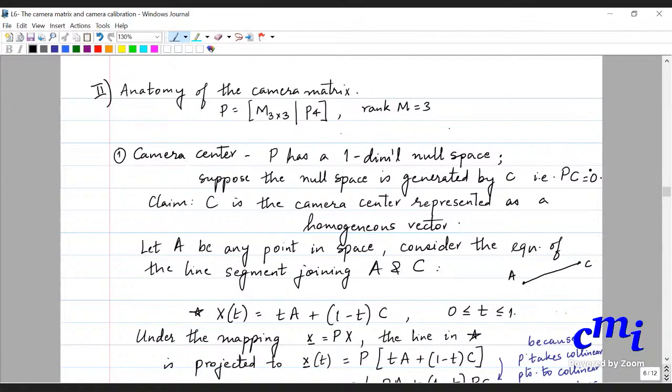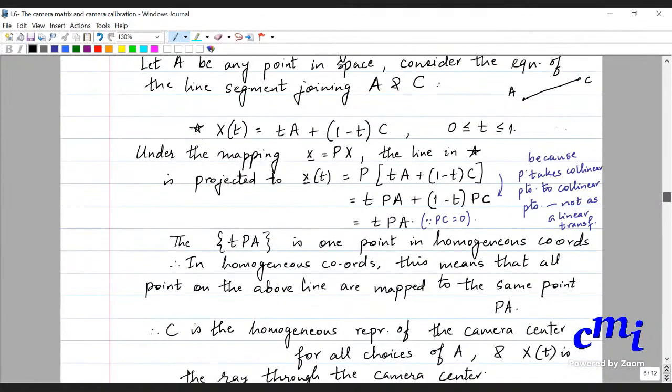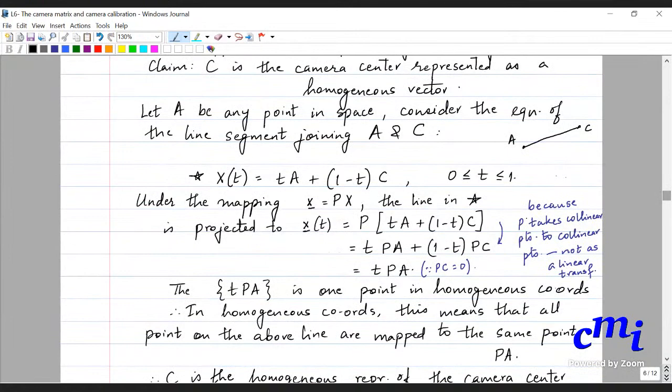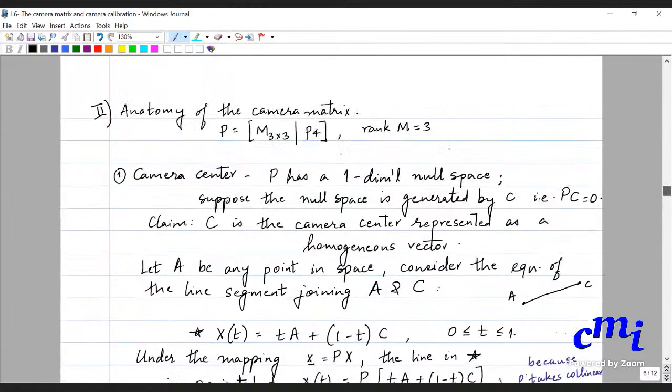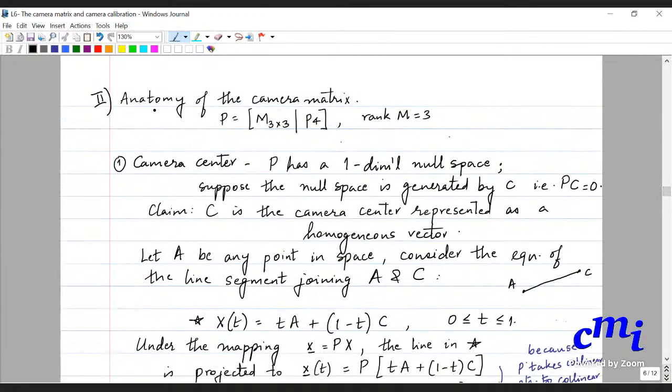Like where was the camera center, what was the principal axis, what were the images of the coordinate axes of the camera. So from the matrix, you can find out these things, and this study I'm calling the anatomy of the camera. The book also calls it anatomy of the camera matrix.